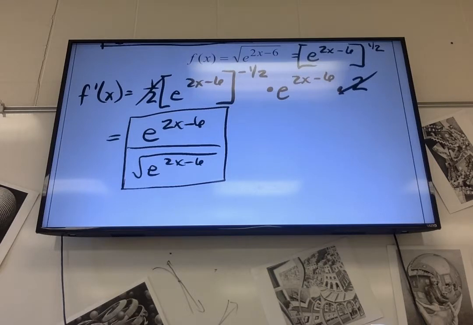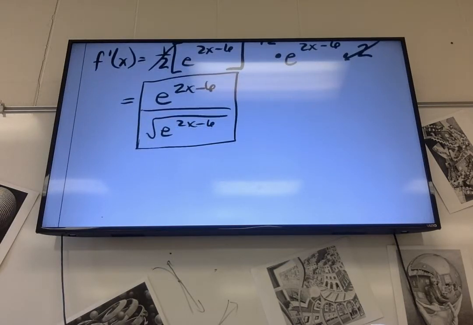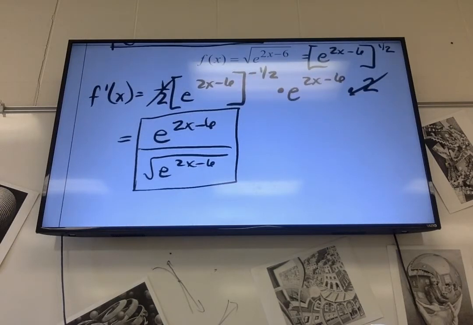Okay, so these are okay. But I didn't think about this either. We know that when we raise a power to a power, we multiply those, right? Yes. So I could have done that here. It makes it easier.